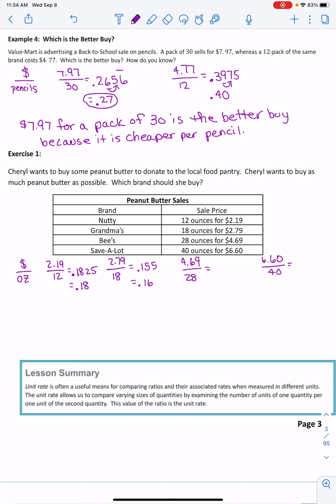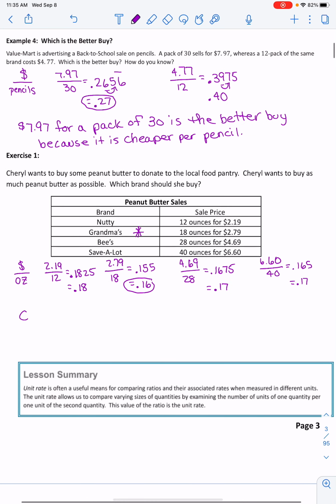Then we have the $4.69, which is 0.1675, which will round to 17 cents an ounce. And the last one is 0.165, which will round to 0.17, or 17 cents an ounce. So in this case, this one is cheaper, which is our Grandma's.